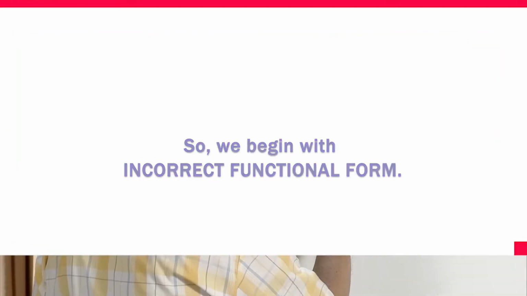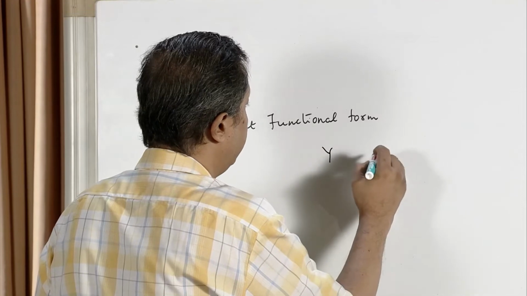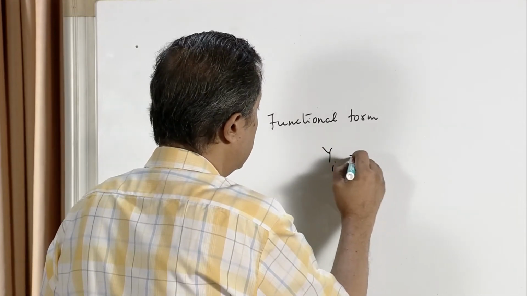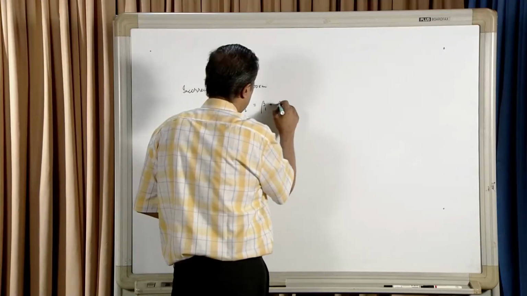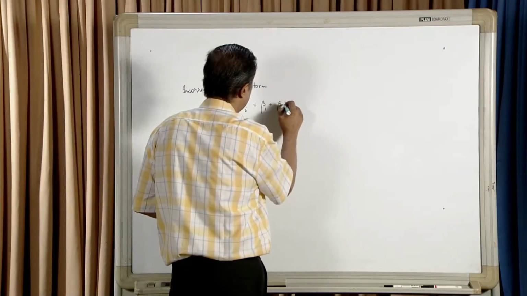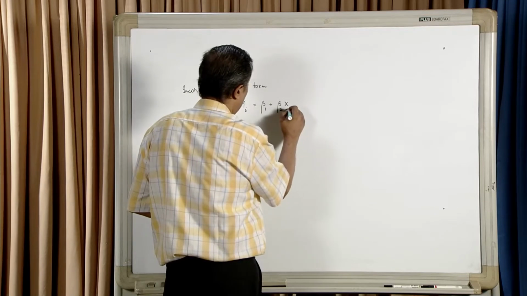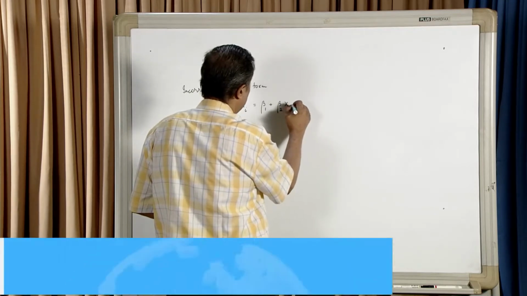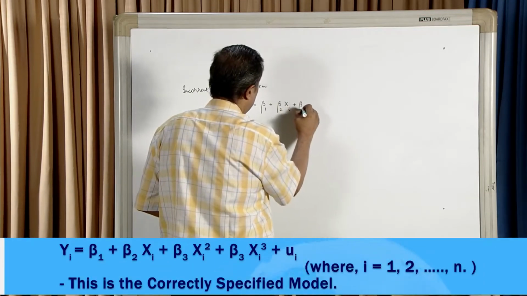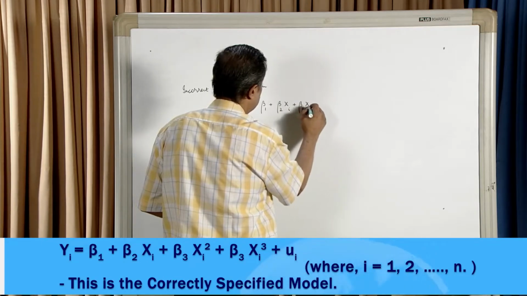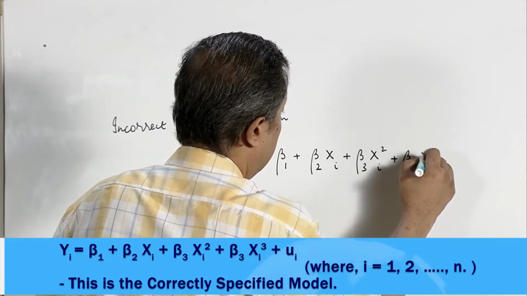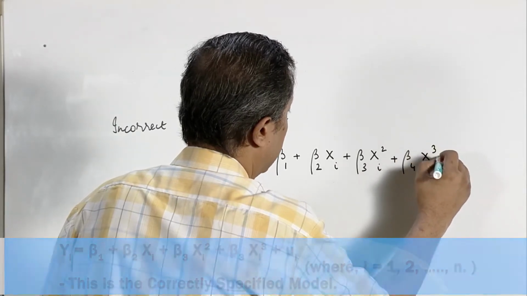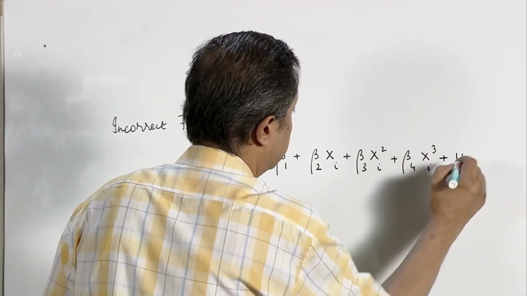Let us suppose we are considering the estimation of a cost function which should be of cubic type. So, we have a regression of y on xi, xi square and xi cube, that is a cubic cost function.